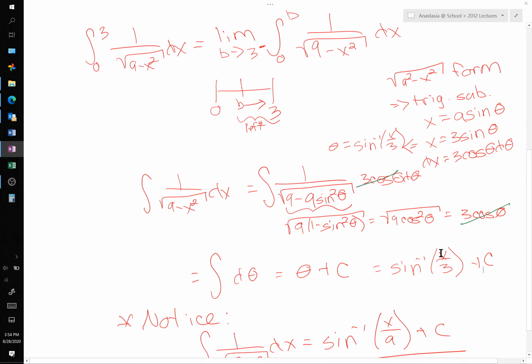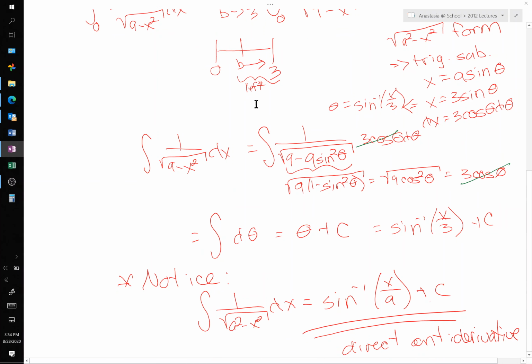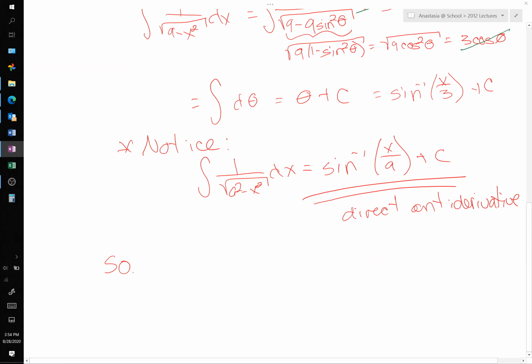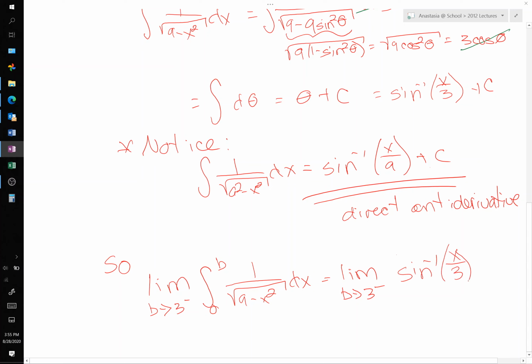Now that we have our antiderivative, I'm going to plug it back in here with my limit. So, the limit as b approaches 3 from the left of the integral from 0 to b of 1 over the square root of 9 minus x squared dx will equal the limit as b approaches 3 from the left of our antiderivative, inverse sine of x over 3, evaluated at 0 and b.